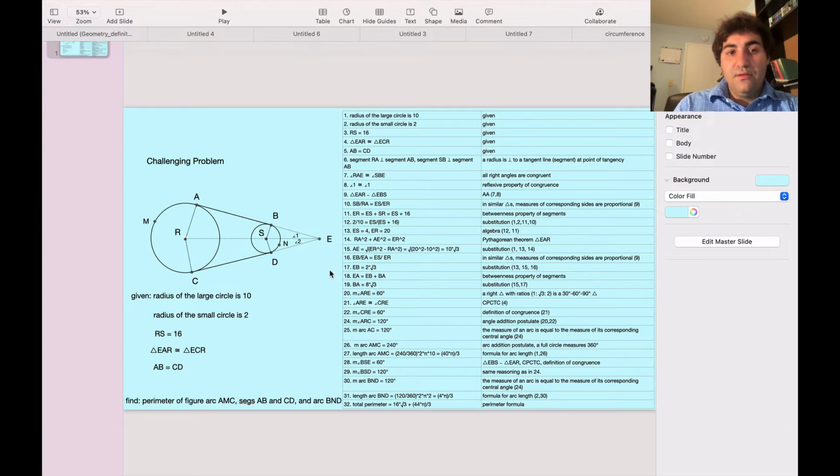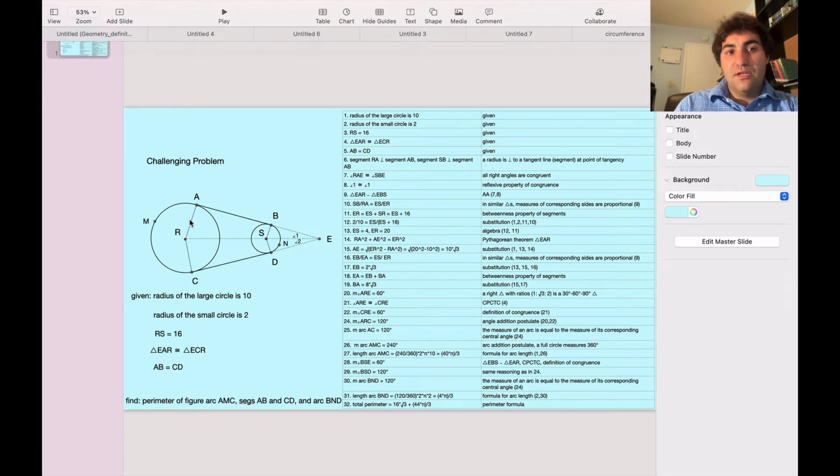So if we look at these triangles, we know that AR is equal to 10, right? And we know that ER is going to be 20, and we know that EA is going to be 10 times root 3.